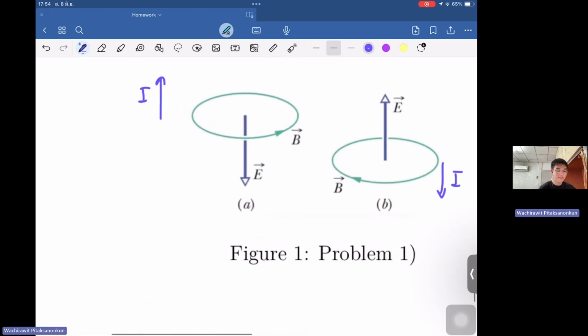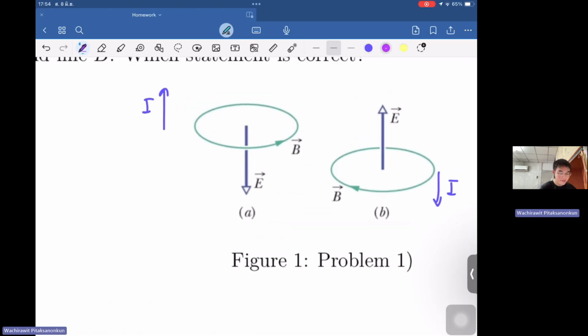Because if the initial one is going downward like this, then if it is decreasing, the final one will be smaller, which means that delta E will be going upward. And this will lead to the upward current.